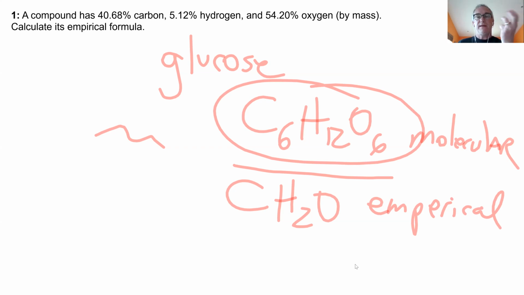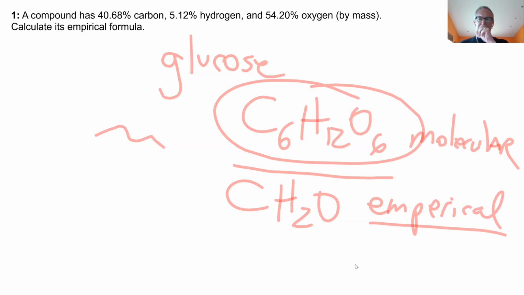So when we get data like this, where a percent of the total is carbon and a percent of the total is other things, the only thing we can deduce is the empirical formula, because we don't know exactly how many carbons, hydrogens, and oxygens are there. We can only figure out the ratios of them.